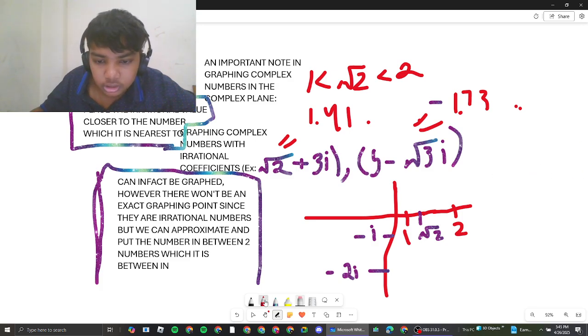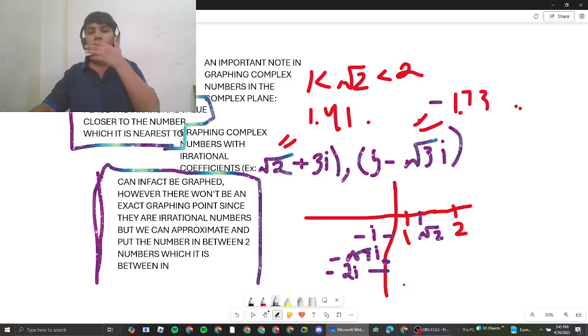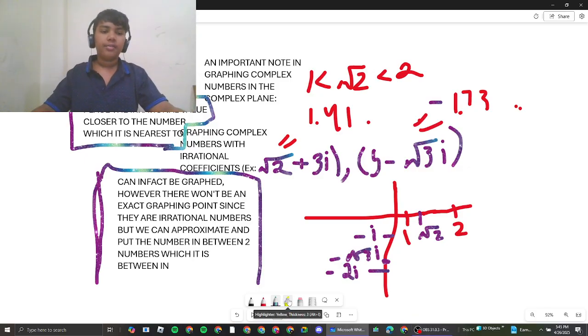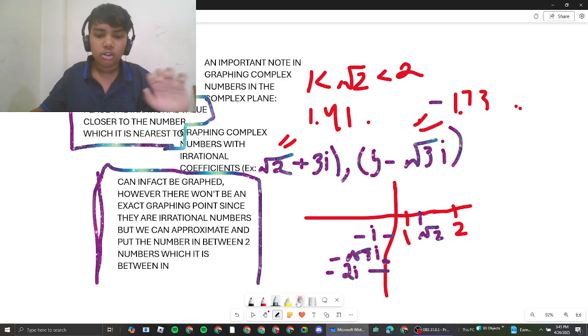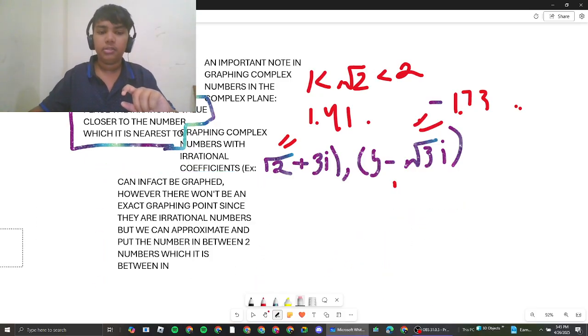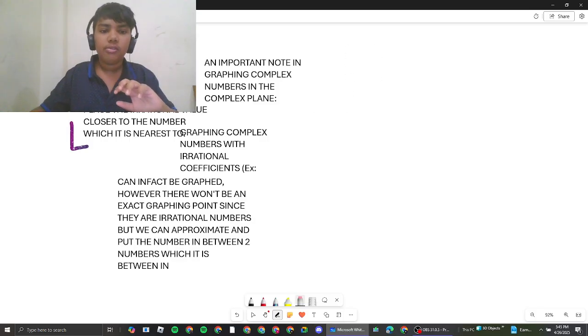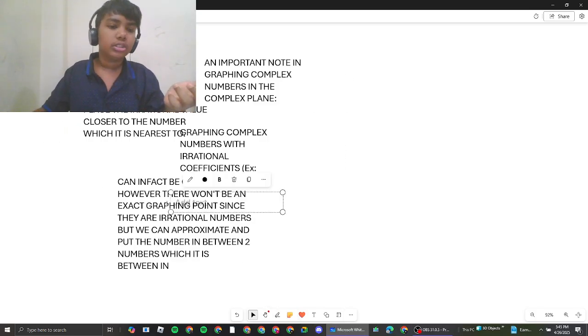So I would graph minus the square root of 3 times i here. This is where it would go, okay? So I hope you understood the concept of graphing irrational numbers. There won't be an exact point, but you can approximate it, of course.